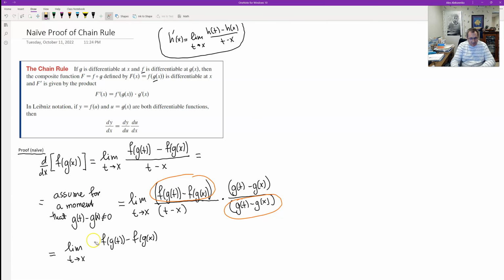And let me erase that parenthesis because there are too many parentheses, already hard to read. It will be divided by g of t minus g of x. And then the second one, I will have g of t minus g of x divided by t minus x.